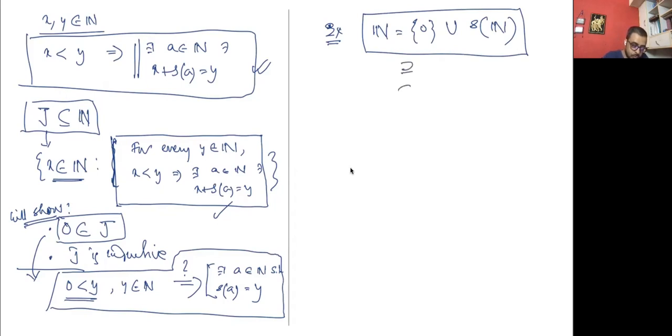Basically we try to prove both these inclusions separately and use the definition of N and whatever has been done till now.